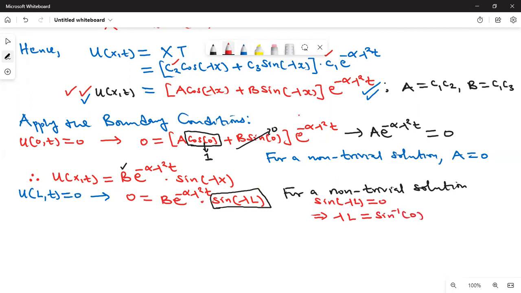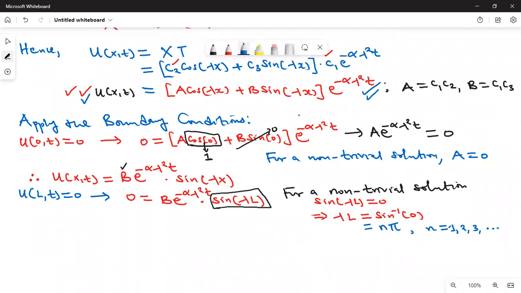And you see there are so many angles whose sines are zeros. The 180 degrees, 360, etc. Those are angles whose sines are zeros. So we can talk of n pi, where pi is 180 degrees and n is equal to 1, 2, 3, etc. all the way up to infinity.